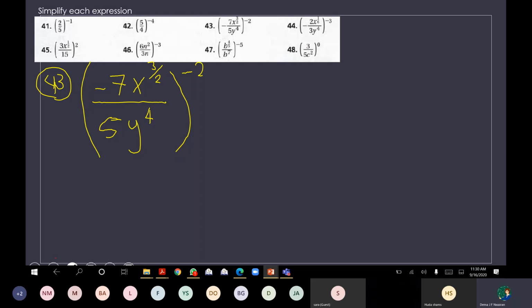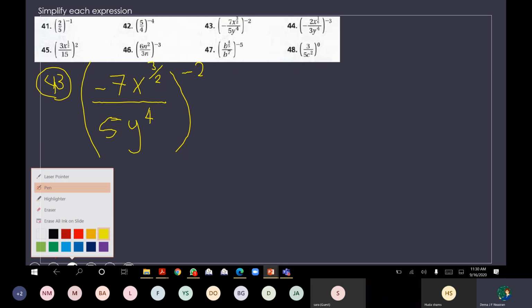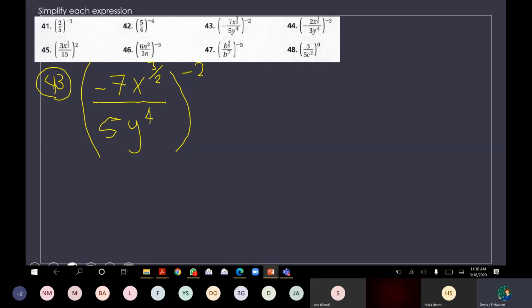Now, yesterday we said that if we have a fraction of the quotients raised to the negative power, the first step now is to write the reciprocal of this quotient or this fraction. What is the reciprocal of it will be? 5y raised to 4 over negative 7x raised to the power 3 over 2.